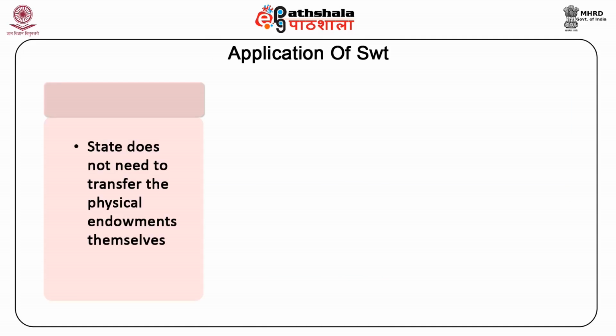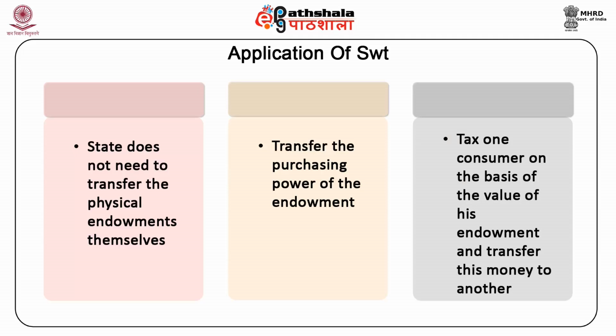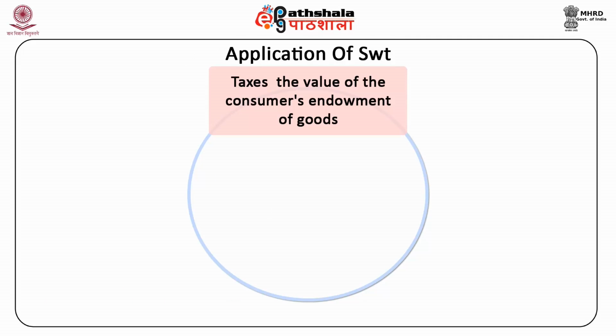The state does not need to transfer the physical endowments themselves. All that is necessary is to transfer the purchasing power of the endowment. The state could tax one consumer on the basis of the value of his endowment and transfer this money to another. As long as the taxes are based on the value of the consumer's endowment of goods, there will be no loss of efficiency.